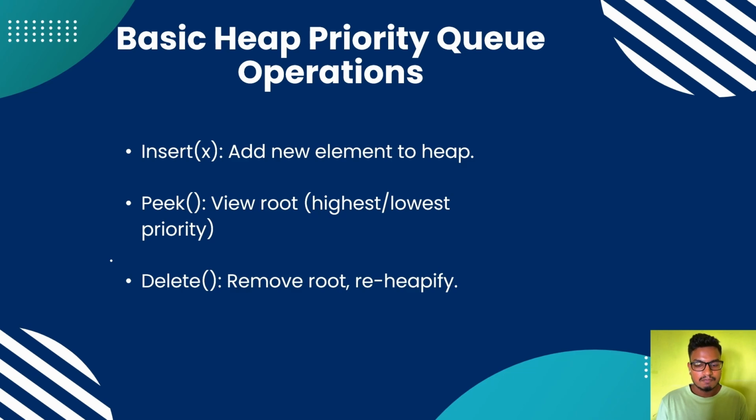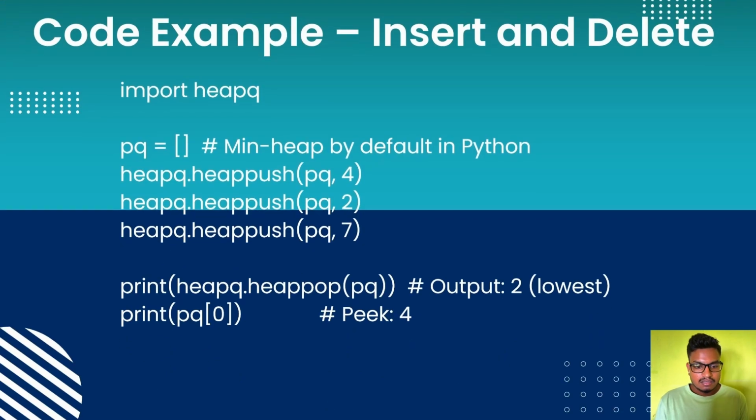Next, code example. Insert and delete. Let's see how we implement this in code. Here is a Python example using the built-in heapq module. What's happening here? We push 4, 2 and 7 into the heap.